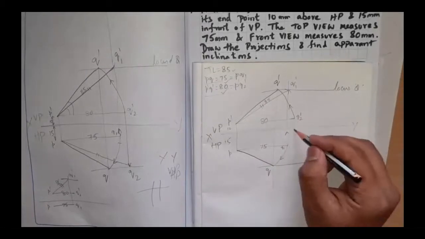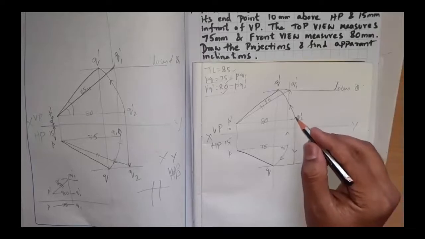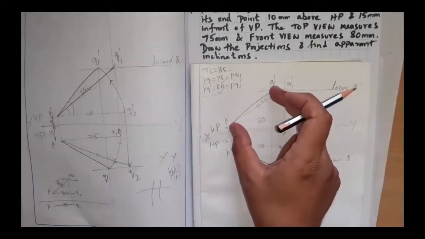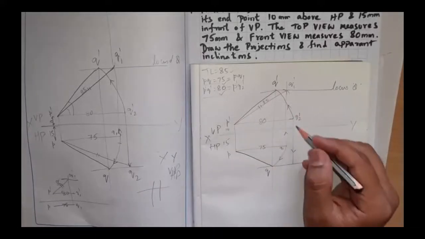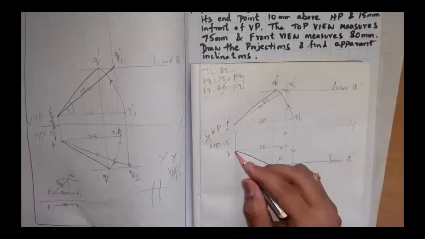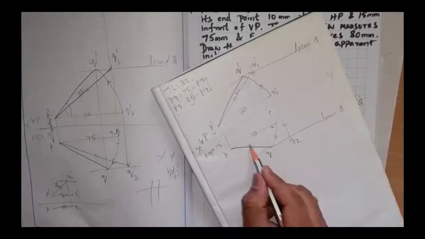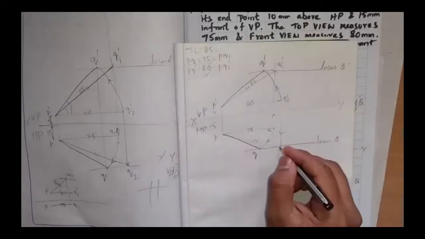As I had drawn Q2 earlier, I am using it here. Now you have to think that you are reversing it and identifying Q2 dash. Drop the projector till here and identify Q2. If you join PQ2, then this true length 85 mm should be obtained here. Then only the problem will be right. I am joining this line, and this is PQ2, which will be 85 mm as we have constructed it here.